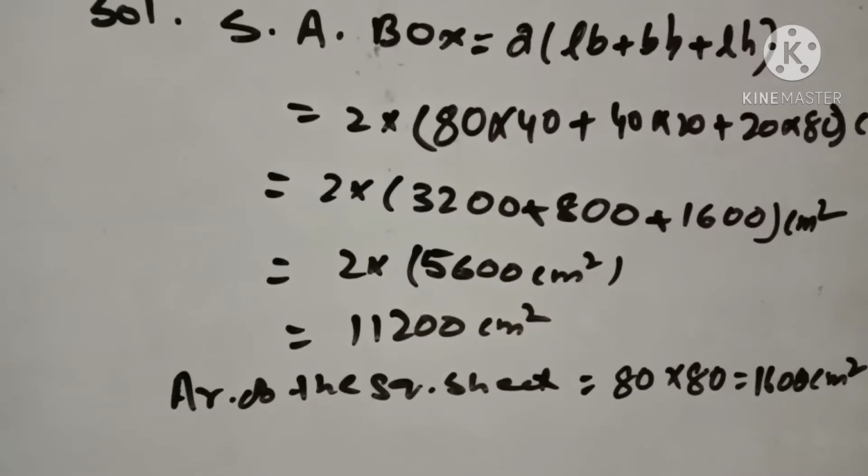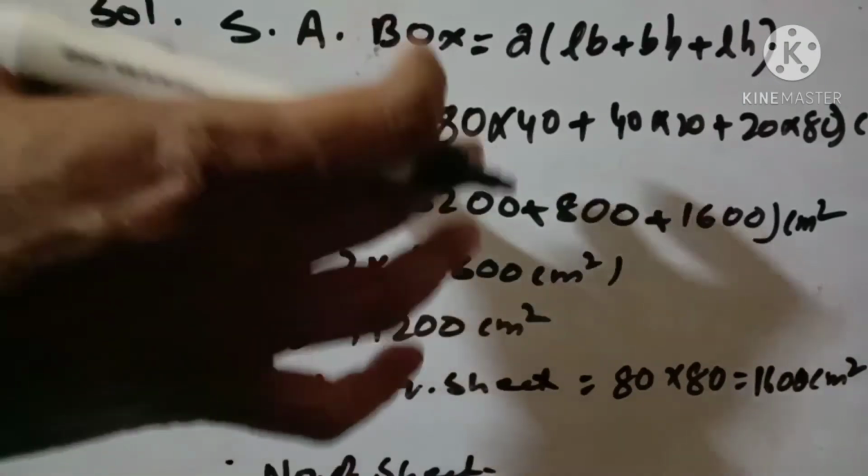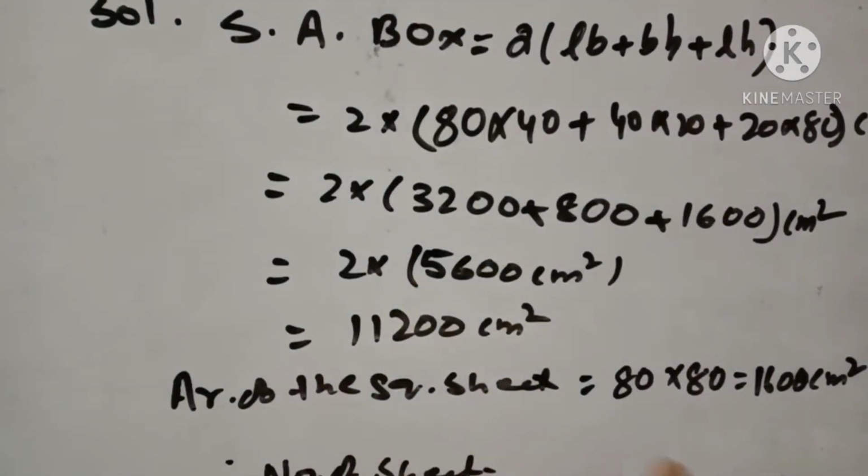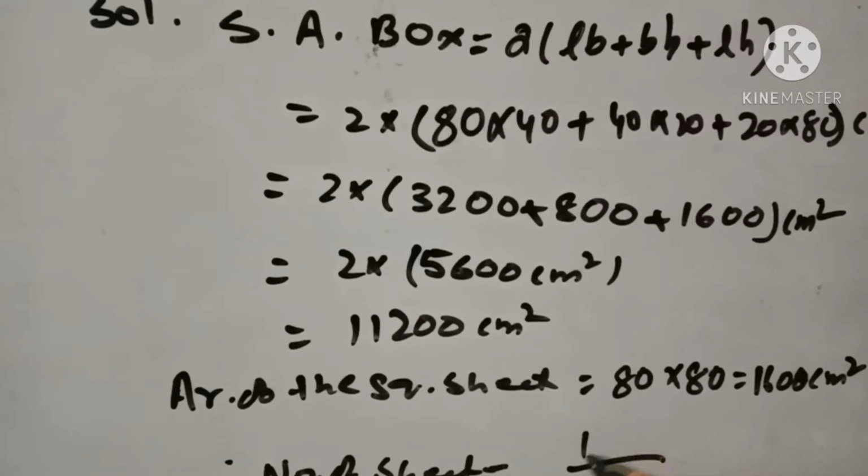Now the number of sheets. Therefore number of sheets equals surface area of the box divided by area of one sheet, that is 11,200 square centimeter divided by 1600 square centimeter.